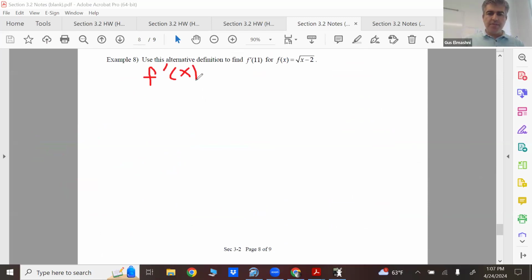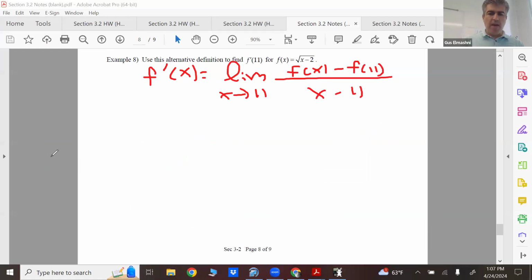f prime of x is going to be the limit as x approaches 11 of f of x minus f of 11 over x minus 11. And just so you understand graphically what's happening, here's what's happening graphically, right?